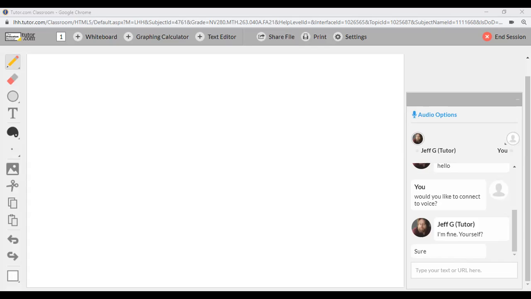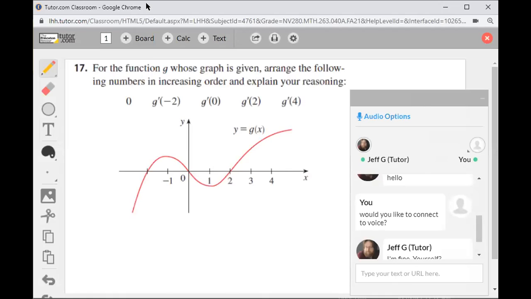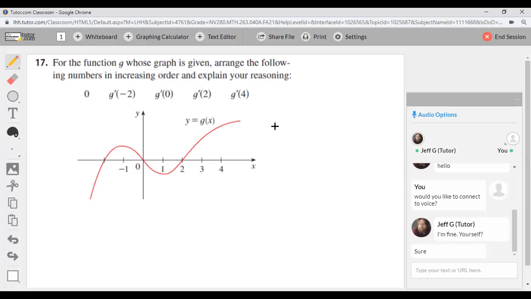Okay, so what we're working with is this question. It's saying for the function g, whose graph is given, arrange the following numbers in increasing order and explain your reasoning. So I guess it's talking about the inclination of the slope of the tangent line at these points.